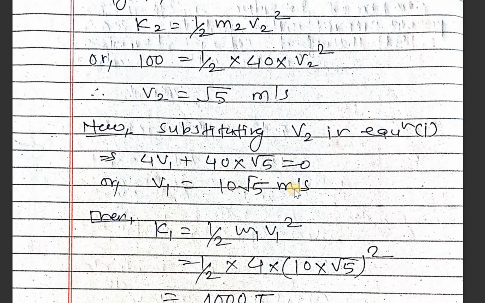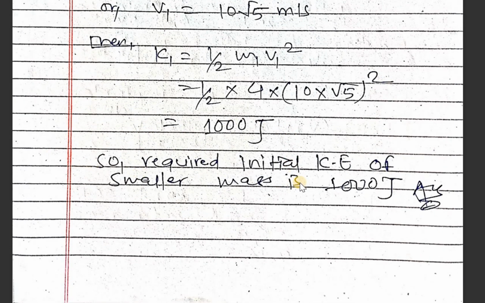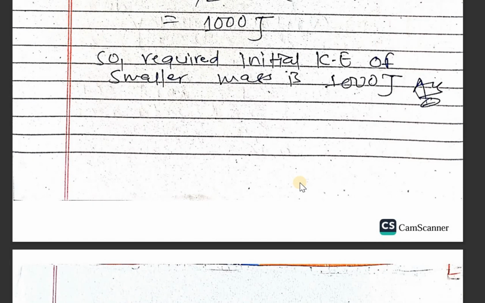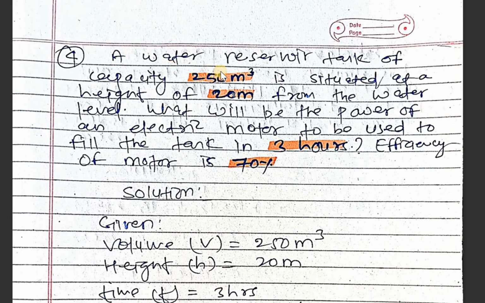Substituting this v2 in equation 1, then you can get v1 equal to 10 root 5 meter per second, and k1 equal to half m1 v1 square, that is half 4 into the square of 10 root 5, that is 1000 joule. So required kinetic energy of the smaller mass is 1000 joule.